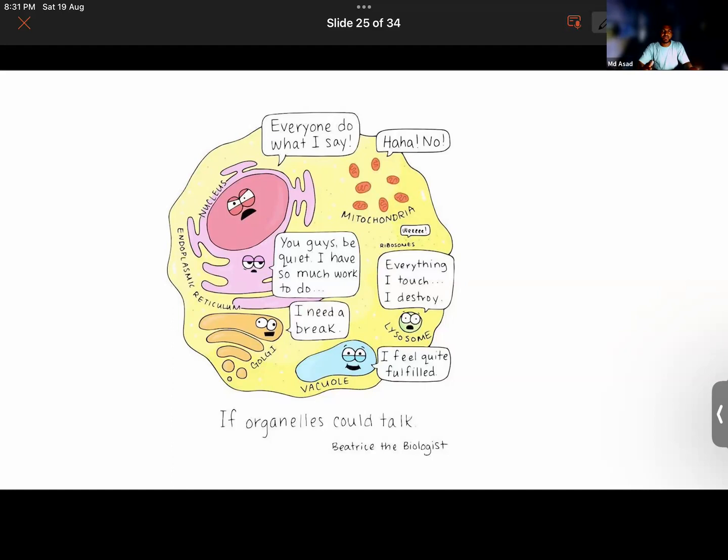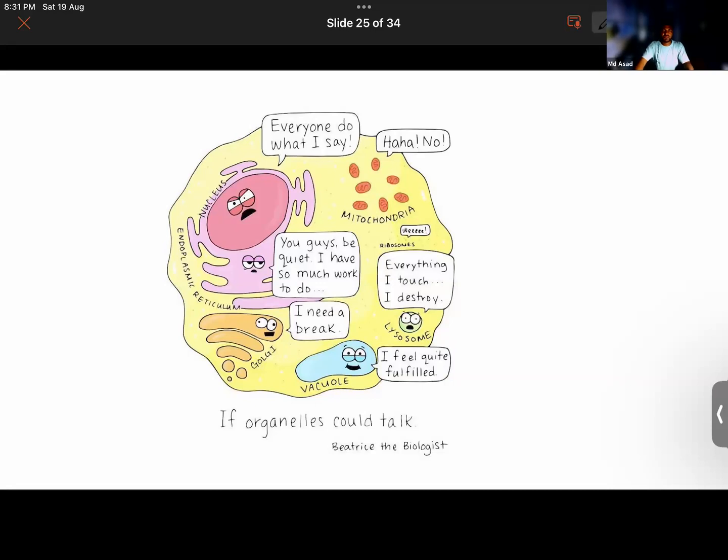So basically, it is responsible for destroying dead components present inside the cell. The vacuole says, I feel quite fulfilled, because it is acting as a storage house. And normally our storage houses are completely full of things we might use or might not use. Getting it now?